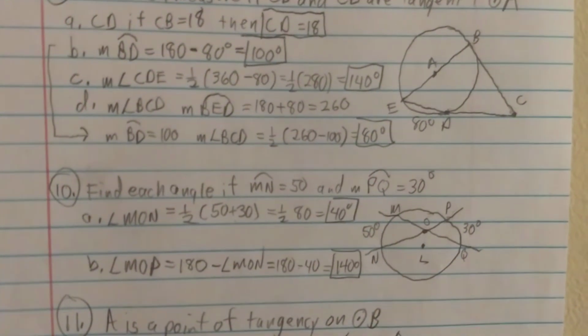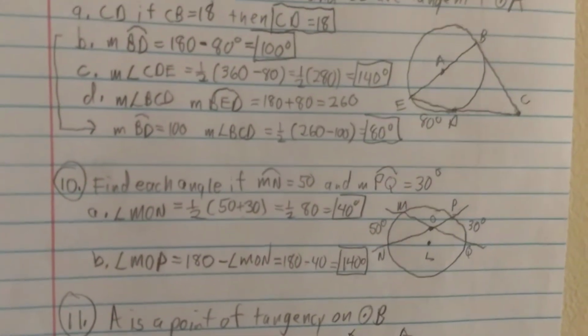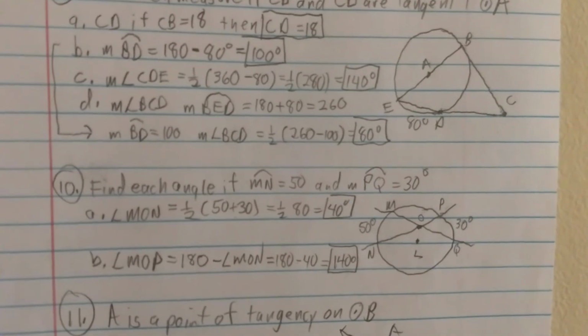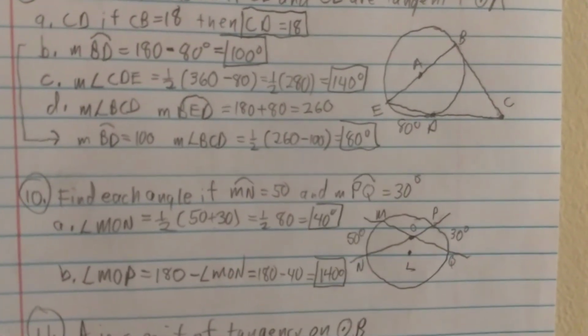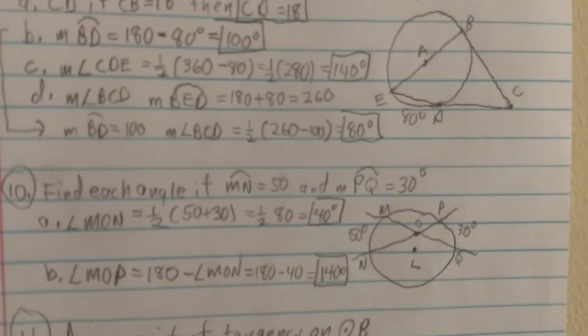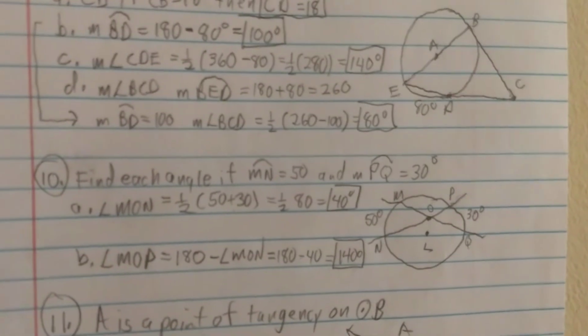Now measure CDE. CDE is that angle inside, and we can say that it's 1/2 of 360 minus 80, or 1/2 of 280, which is 140. So that gives us that one.